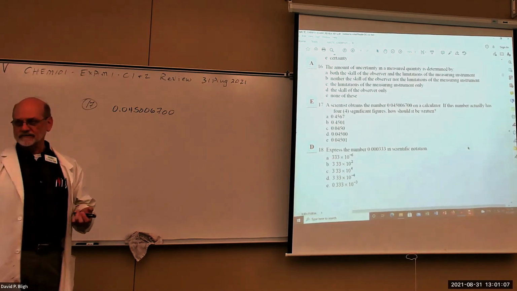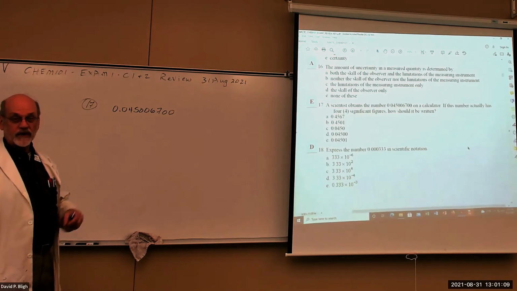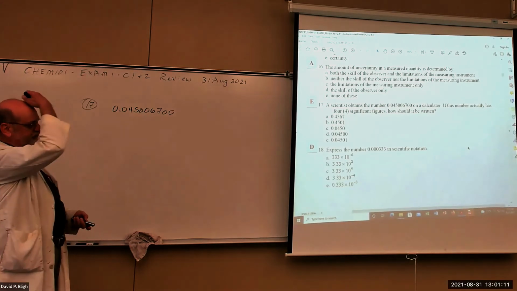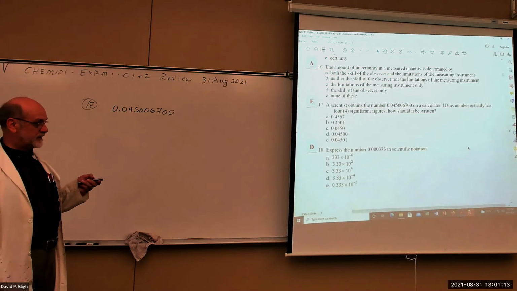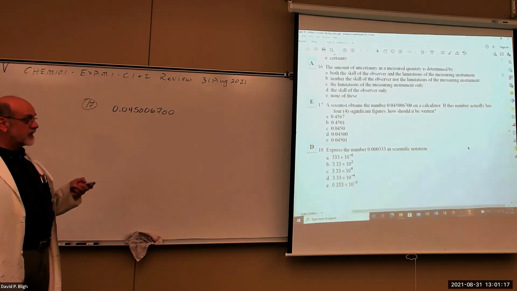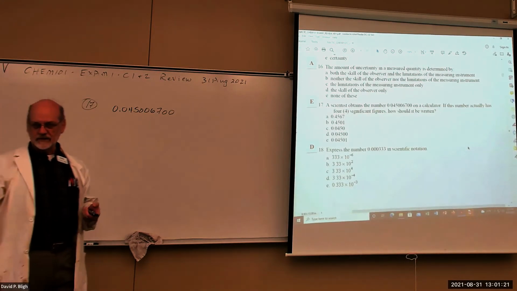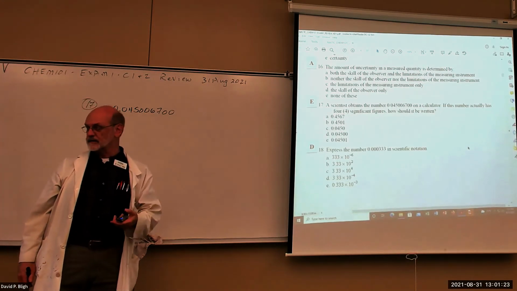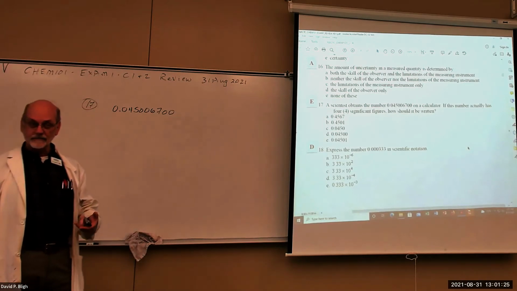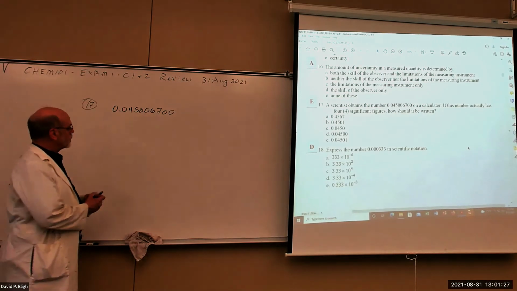They're not smart in the way that we want them to be. So your calculator gives you this, but you're limited to 4 significant figures based upon what? The rules of calculation: addition, subtraction, multiply, divide. So you know that you're limited to 4.